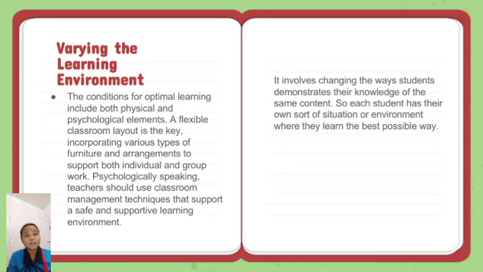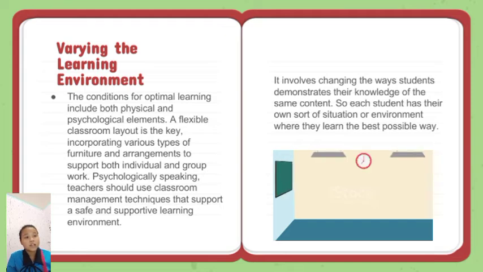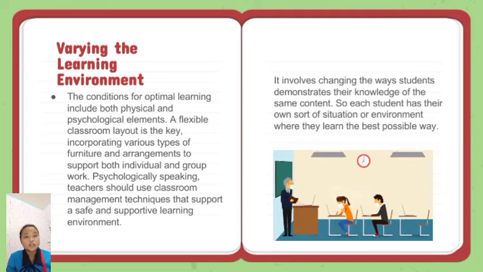Varying the learning environment. The conditions for optimal learning include both physical and psychological elements. A flexible classroom layout is the key, incorporating various types of furniture and arrangements to support both individual and group work. Psychologically speaking, teachers should use classroom management techniques that support a safe and supportive learning environment.